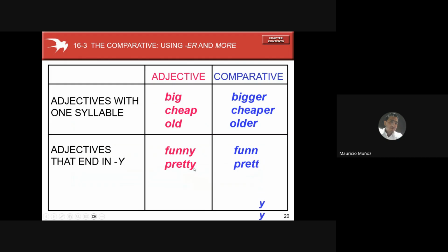Look at this. So, adjectives with one syllable, for example big, cheap, old. For the comparative, we say bigger, cheaper, older. Then we have adjectives that end in the letter Y, like funny, pretty. For the comparative, we drop the letter Y and then we add the letter I and the suffix: funnier, prettier.